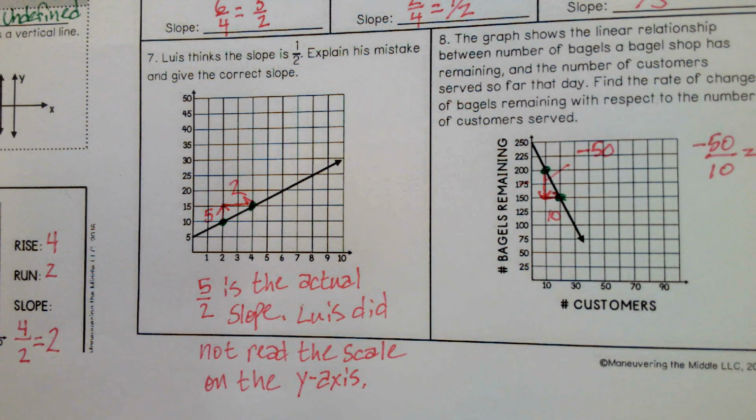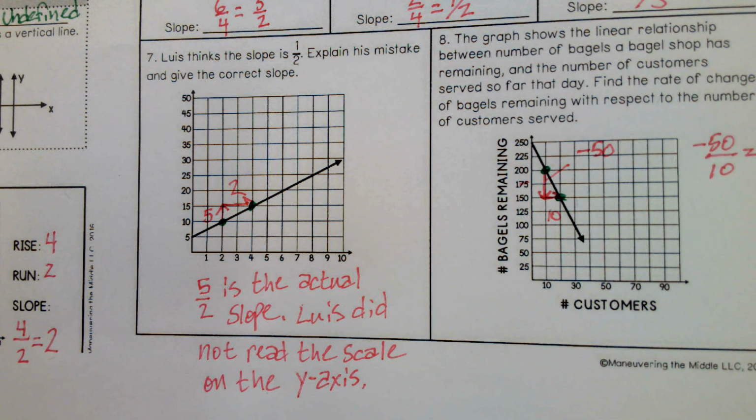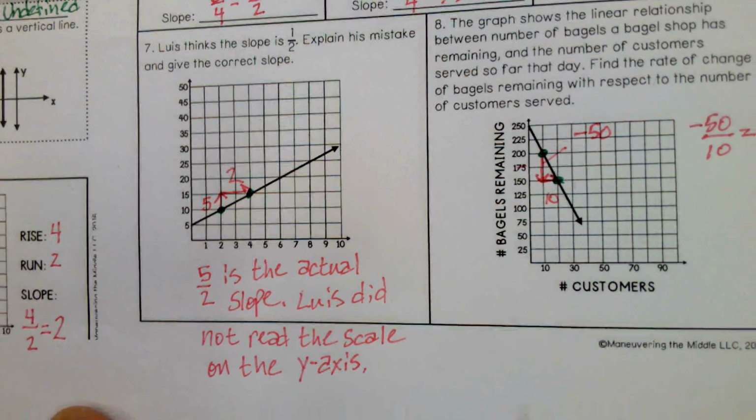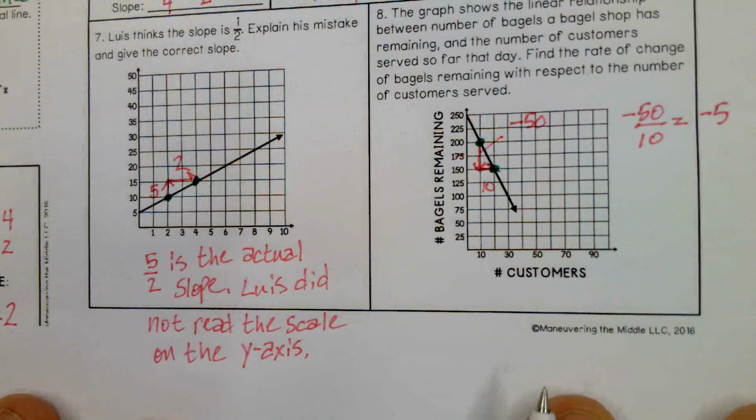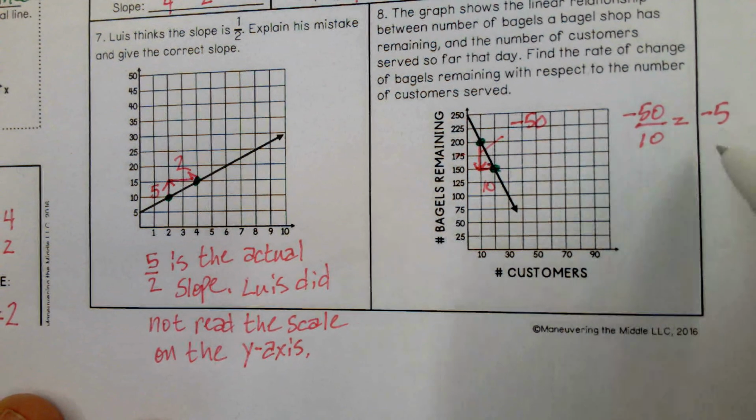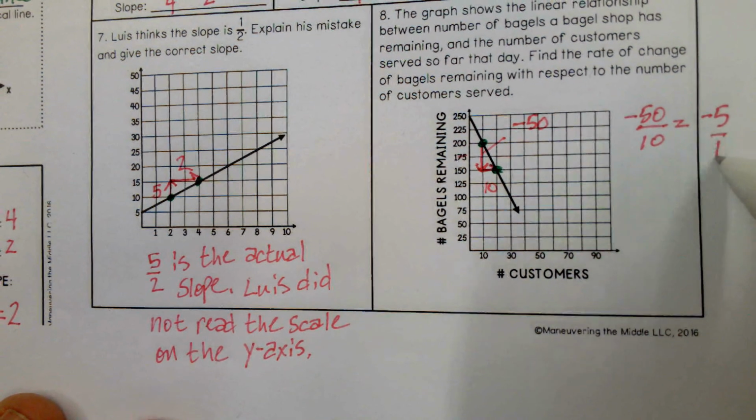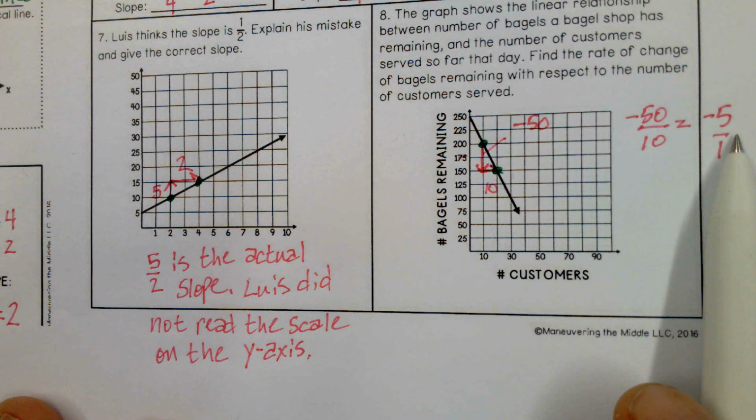So it's 5 bagels every customer. So it's -5. Think about this. This is -5 to 1, right? 5 bagels down for every customer served.